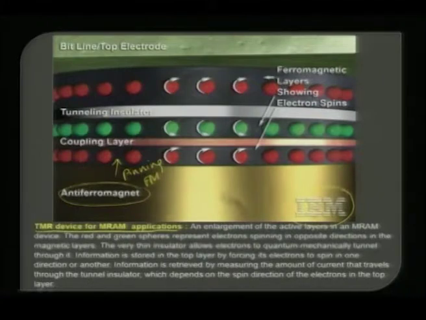So, you have the ferromagnetic layer and the antiferromagnetic layer which is actually pinning, then you have a tunneling insulator and then another ferromagnetic layer on the top.